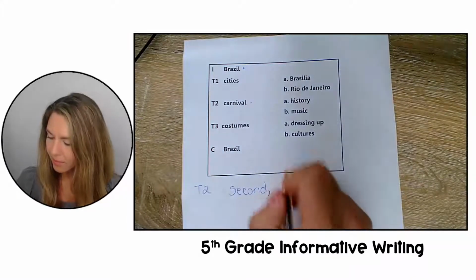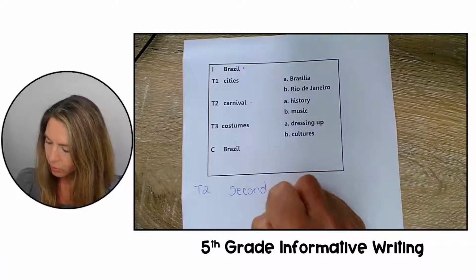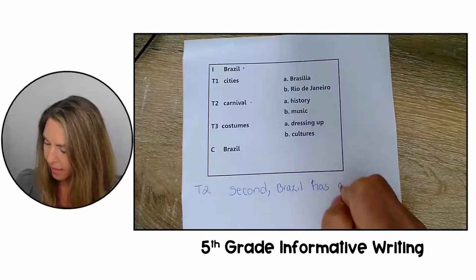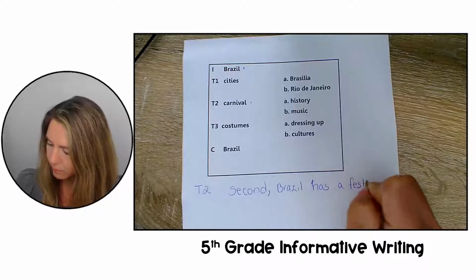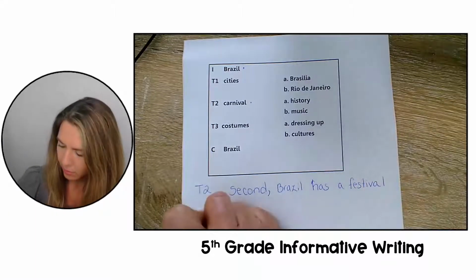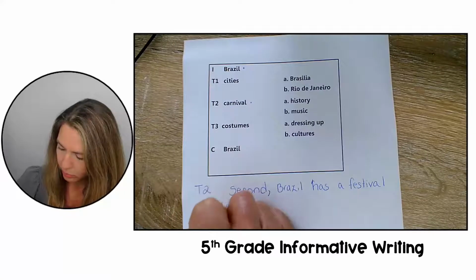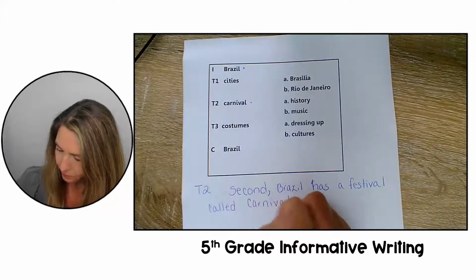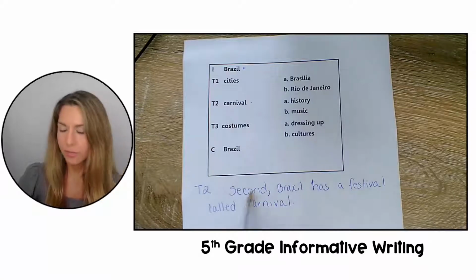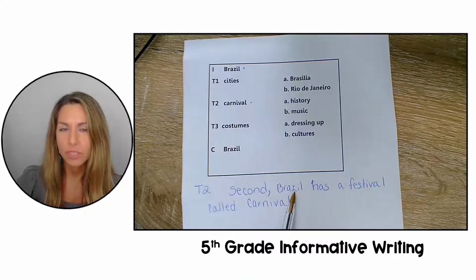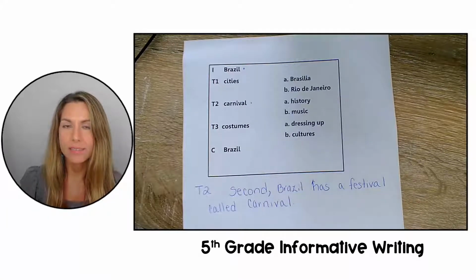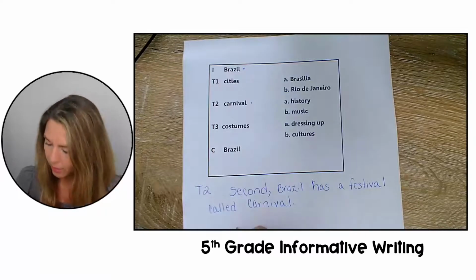I'm going to say second, Brazil has a festival, or I could say celebration, called Carnival. I have my transition word, I have my prompt, which is what I wrote next to I, and I have my T2 topic. I could also write that sentence in a different order.